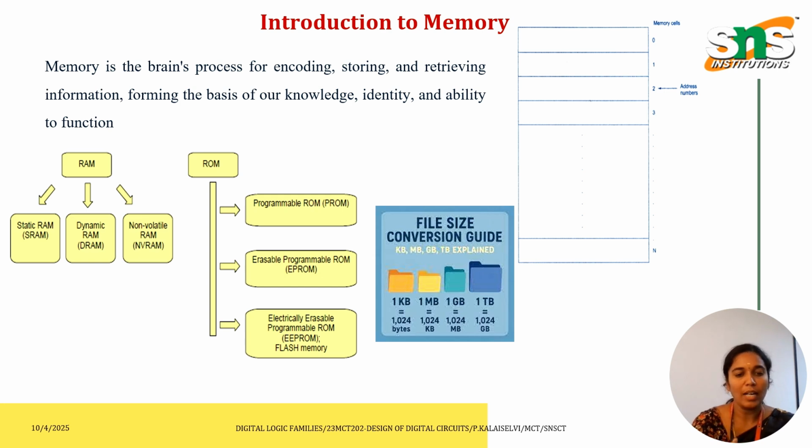It's used for temporary data storage during program execution. We already told the types, right? And ROM is nothing but non-volatile memory. It retains data even when power is off. It's typically used to store firmware and system boot programs. Likewise, we store offline music and offline downloaded movies.